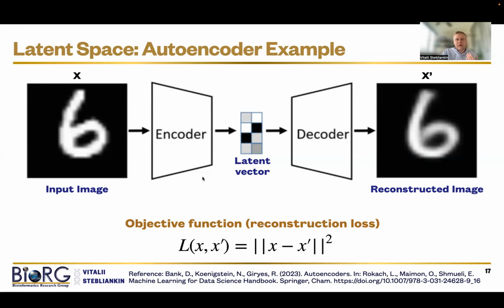You provide a lot of training examples of input images, and using backpropagation, the network adjusts the weights to generate latent vectors that optimally reconstruct the original inputs. A simple example of reconstruction loss is listed here. It's simply the difference between intensities of pixels in the original and reconstructed image. And again, I want to emphasize that there are no labels needed for such training.